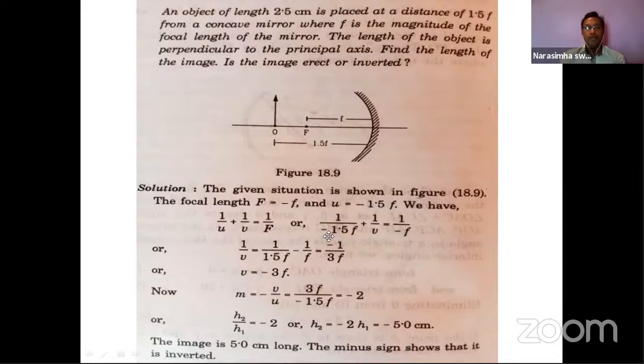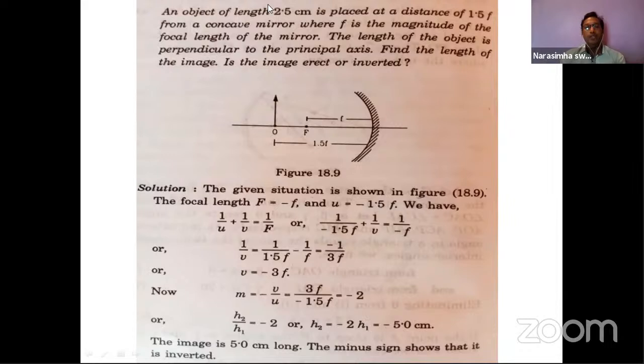So the ratio of the heights of the image and the object is -2, or simply h2 is equal to -2 h1. Here h2 is the height of the image, h1 is the height of the object, and -2 is the magnification.